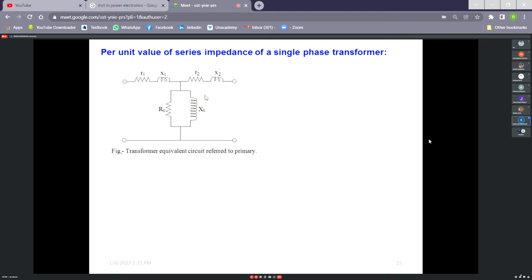Generally, we do not bother about this shunt branch in power system applications. Why? Because we use the transformer in a power system for step up or step down purposes when we are supplying a load. So at that time, we shall try to utilize the transformer as much as possible.